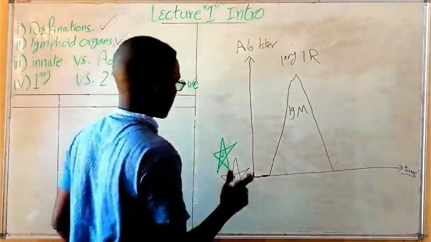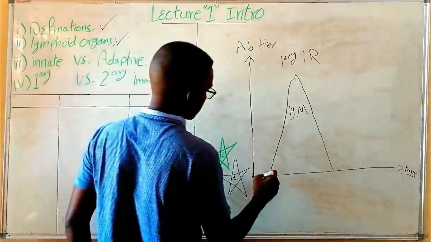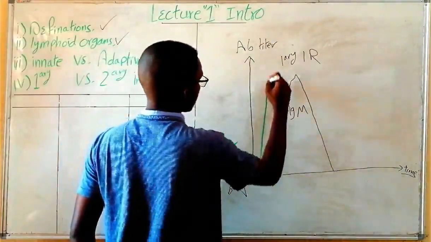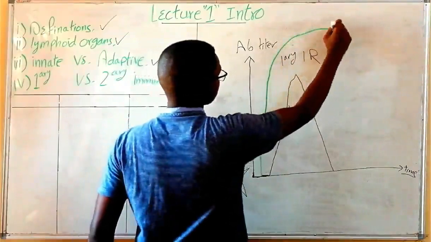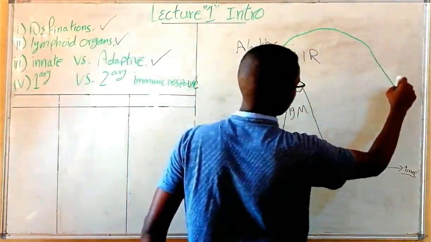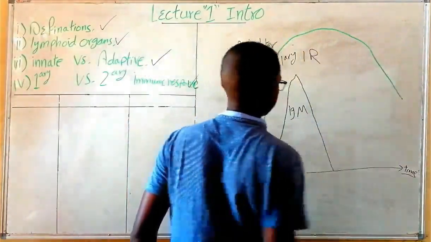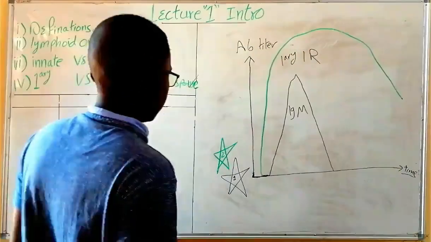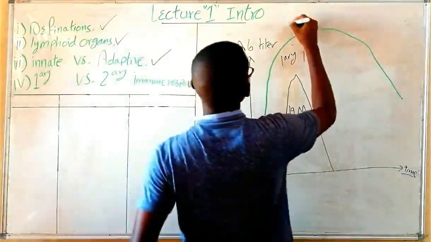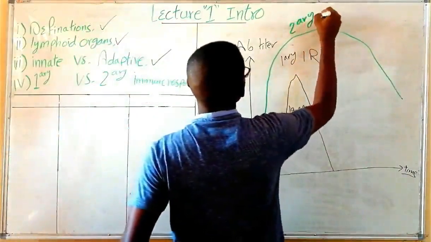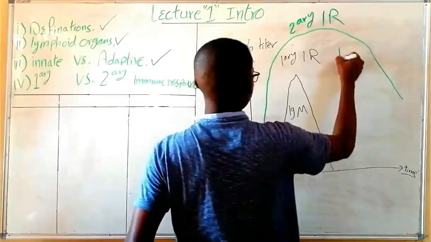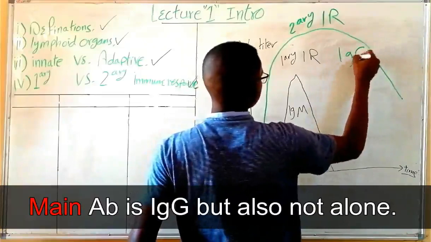You've said it right, because there are memory cells. So it starts to rise, lasts for a long period of time, then drops gradually. So in this case it is the secondary immune response. The antibody produced right here is IgG.